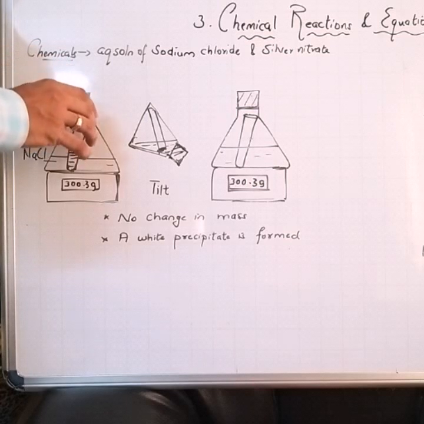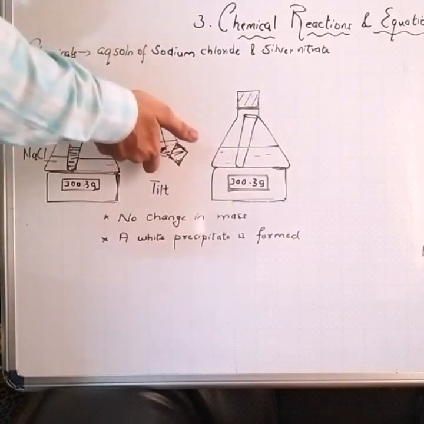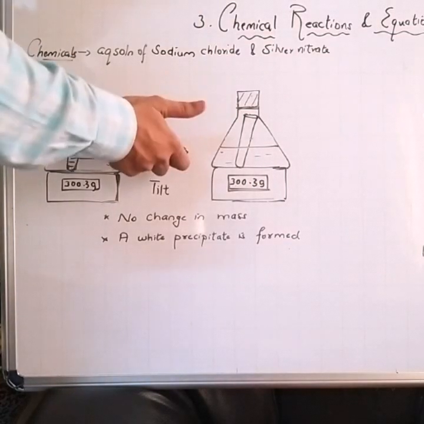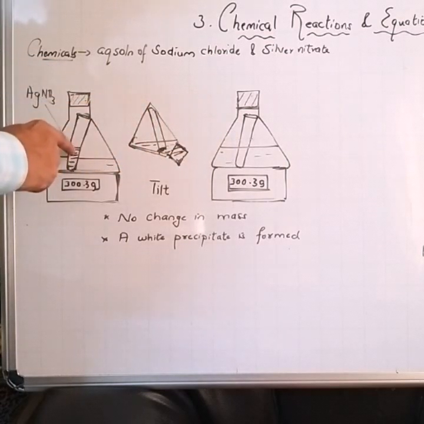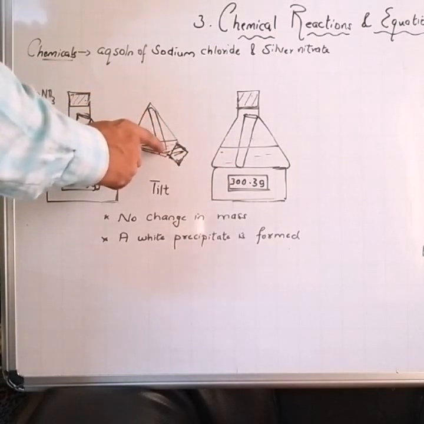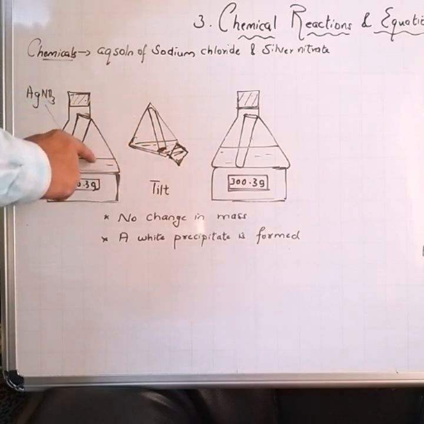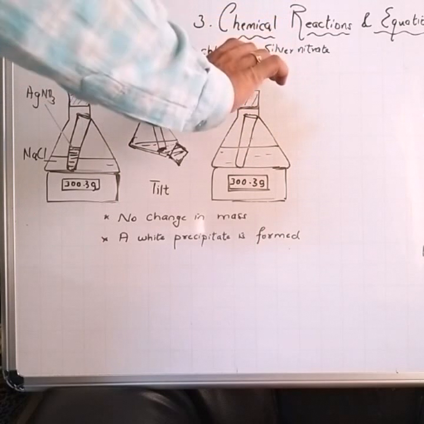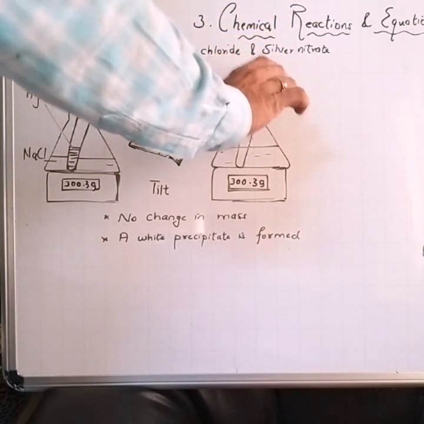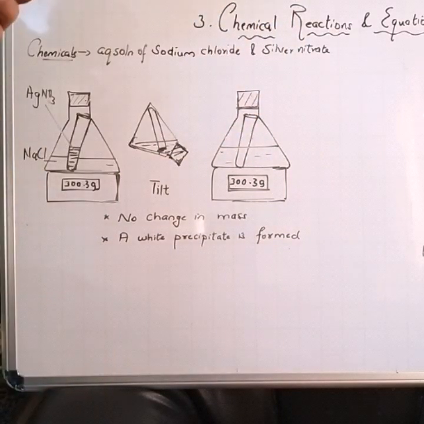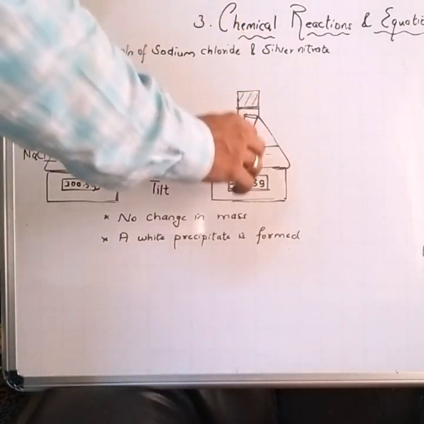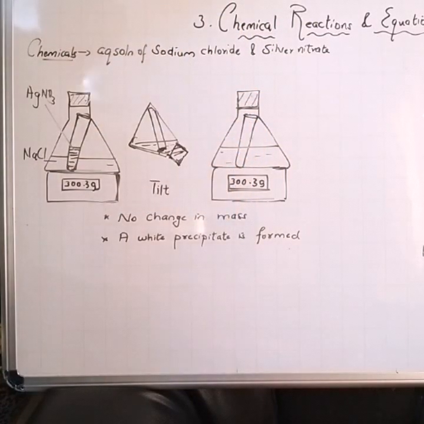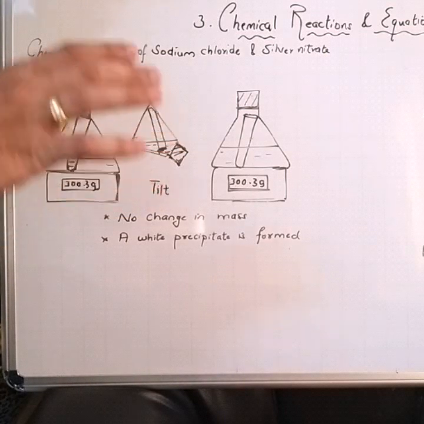Now I hold the conical flask in my hand and I tilt it. The moment I tilt it, the liquid from the test tube will spill out and mix with the aqueous solution of sodium chloride. Now I again make it erect and wait for the chemical reaction to happen, and then again I place it on a weighing machine. Now some changes are seen.